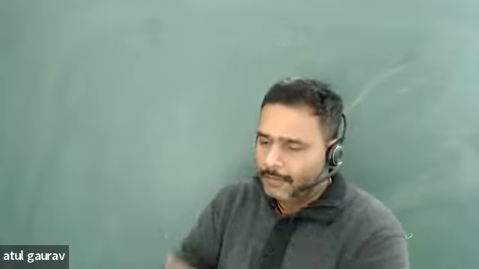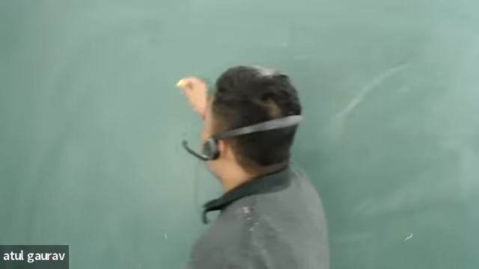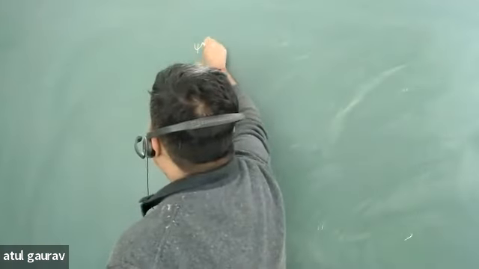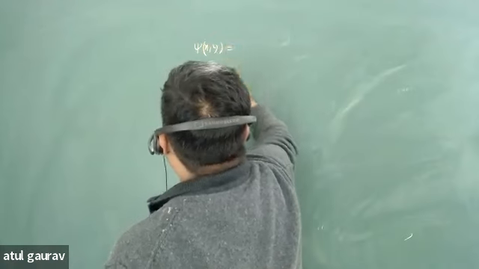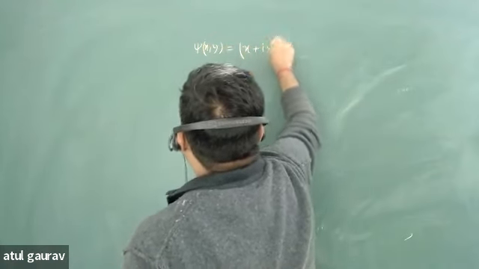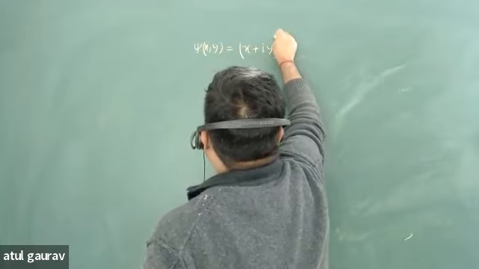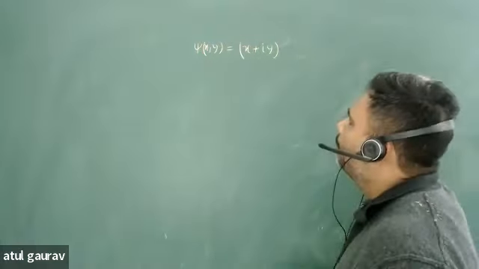ठीक है, ओके. नाउ लेट्स गो फॉर some basic problem. So psi xy is given, let's say x plus iy. Suppose यही है, psi xy is given x plus iy.